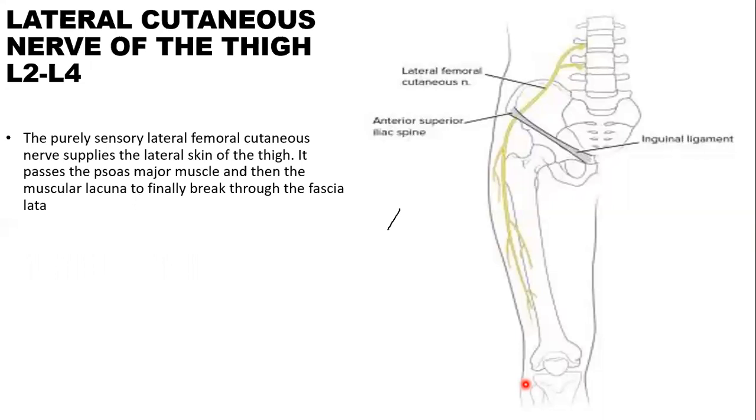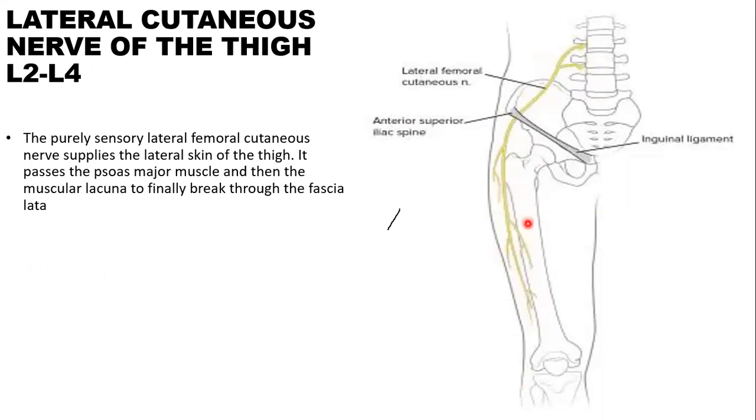The next nerve I'll talk about is the lateral cutaneous nerve of the thigh, from L2 to L4. Just by the name itself, lateral cutaneous nerve, it is purely sensory in nature. This nerve basically supplies the skin on the lateral aspect of the thigh.